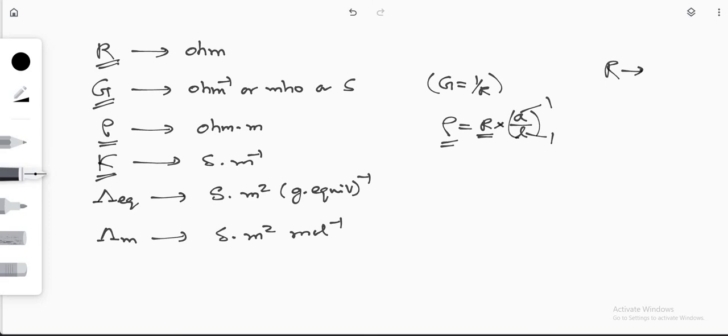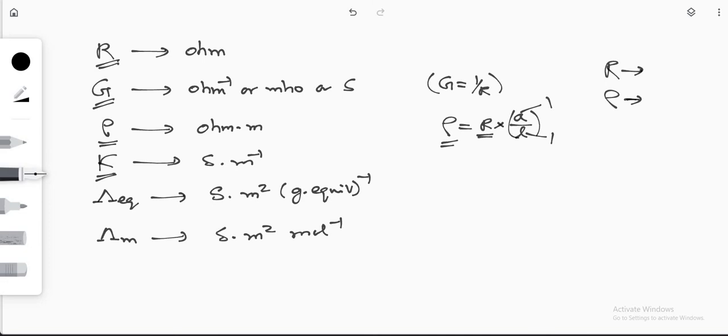Whereas rho is a fixed quantity for a given solution. Why? Because for rho we fix the distance between the electrodes as 1 unit length, and we fix the area of cross section as 1 square unit. Therefore rho is a constant for a given solution. Then kappa is conductivity.